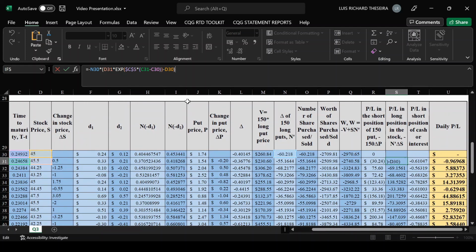After that, you minus it by the stock price of the day before, and that will be the profit or loss in the long position.